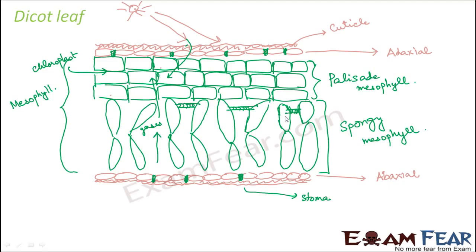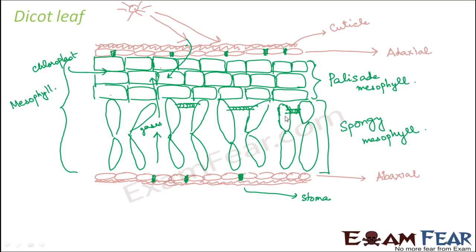Okay, so this is all about the structure of a dicot leaf. Now let us look at a better picture to understand things better. So for now you understood how the leaf is. It has two layers of epidermis, cuticle, and the main mesophyll layer where you have palisade mesophyll and spongy mesophyll.